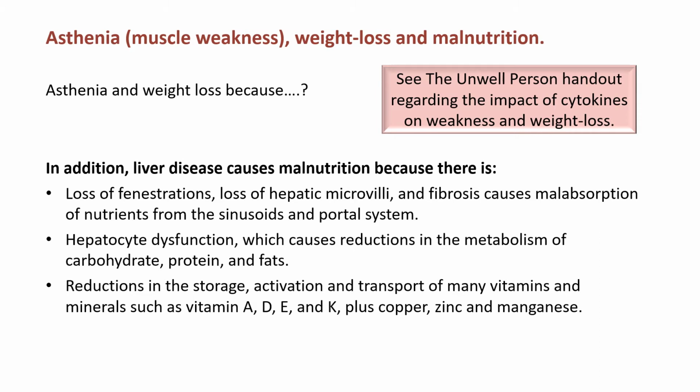So we're going to get reductions in the storage, activation and transport of many vitamins and minerals, plus the carbohydrates, proteins and fats. And that is going to cause widespread malnutrition.